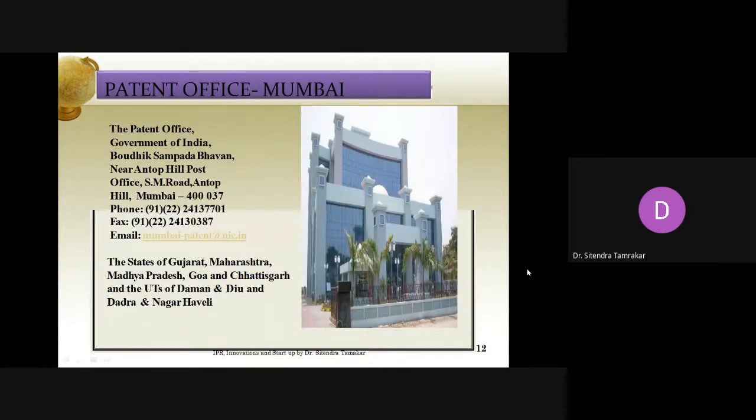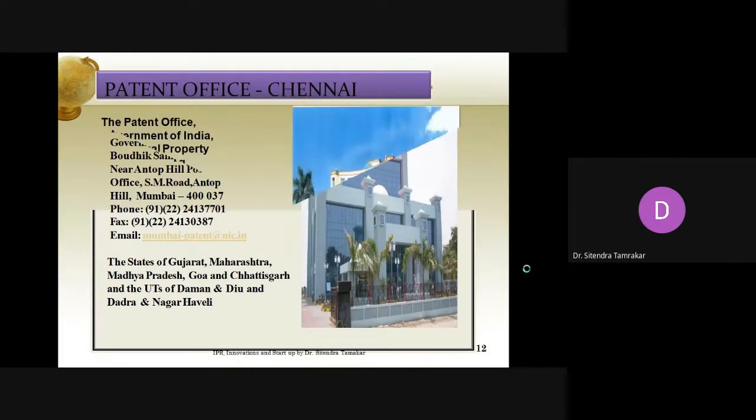So here, for your information, I have put the office addresses. Mumbai takes care of Gujarat, Maharashtra, MP, Goa, Chhattisgarh, and the Union Territories of Daman and Diu and Dadra and Nagar Haveli. Whatever you are filing will go through the Mumbai Patent Office.